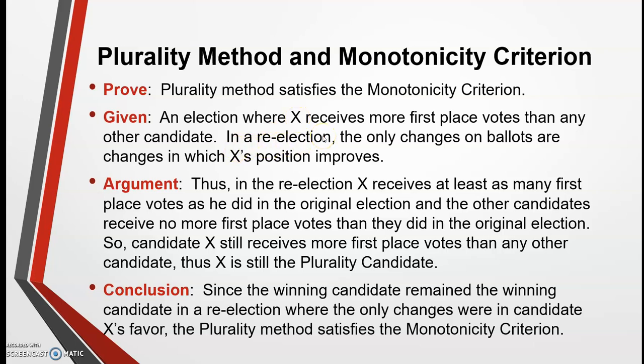Then we have a re-election where the only changes made favor X. The argument here is that if X had the most first place votes originally, and the only changes favored X, then there's no way that anybody else could gain more first place votes. So X is guaranteed to have the most first place votes, and therefore, X will win the re-election.